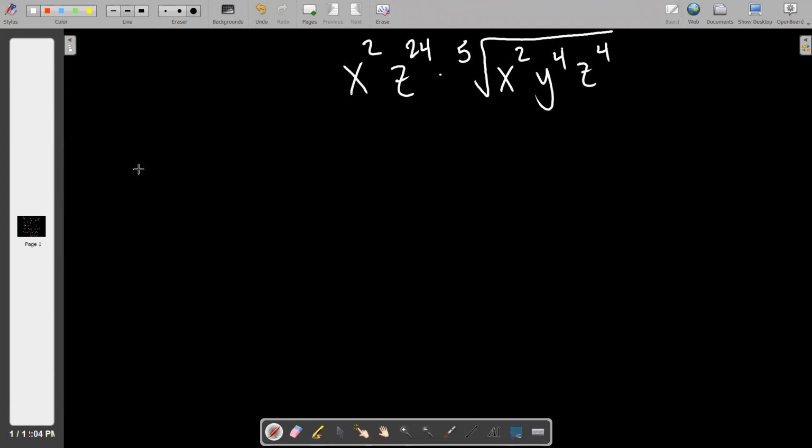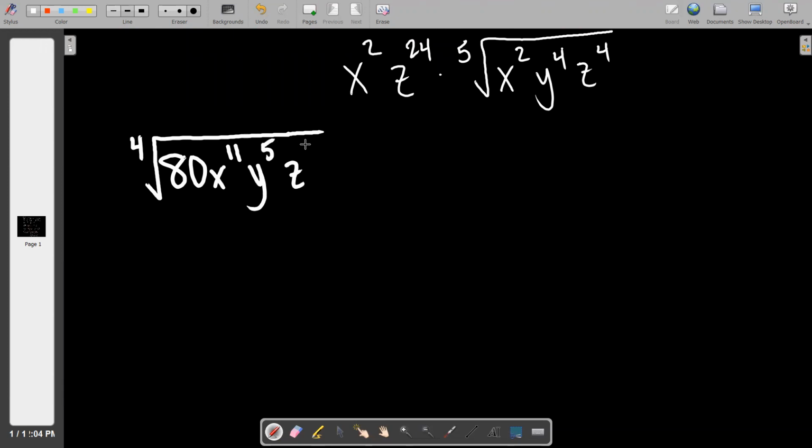Let's do the 4th root of 80 x to the 11th, y to the 5th, z to the 24th.